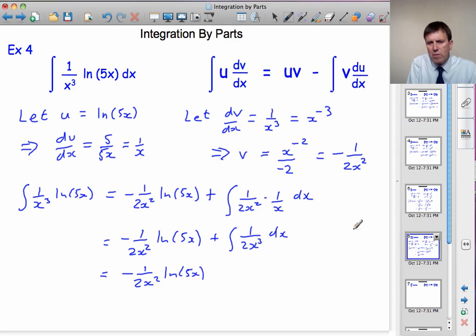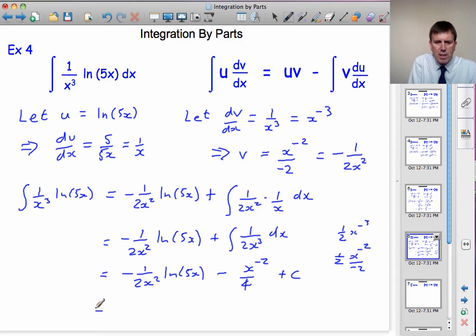Now this is just, if I write it at the side, it's 1/2 x to the minus 3. So if I integrate it, we'll get 1/2 x to the minus 2 divided by the new power. And so in the denominator we'll have 2 times minus 2, which will be minus 4. And so we'll get minus x to the minus 2 over 4 plus a constant.